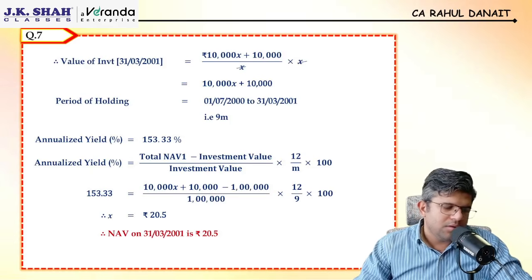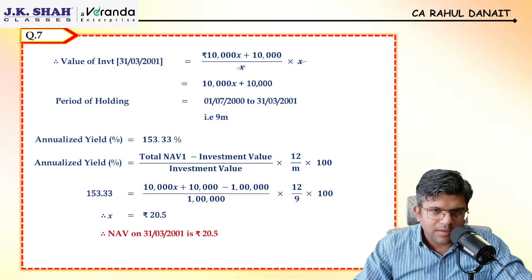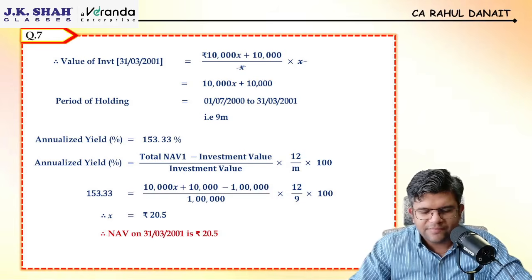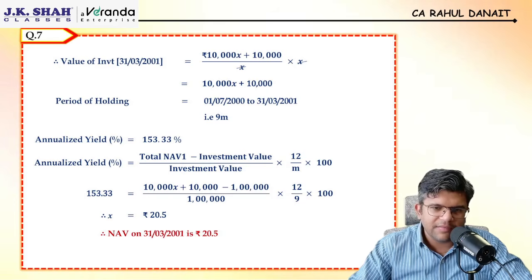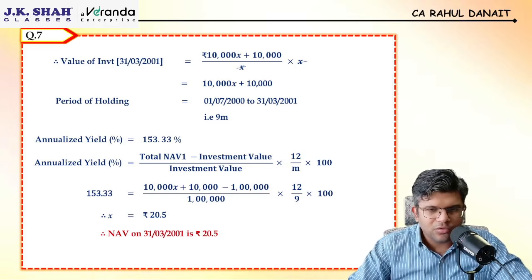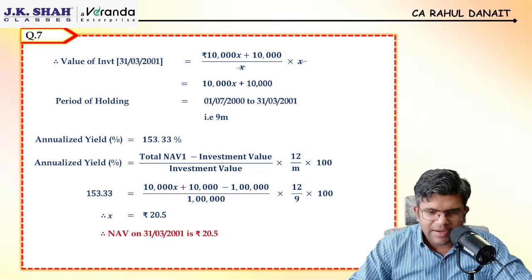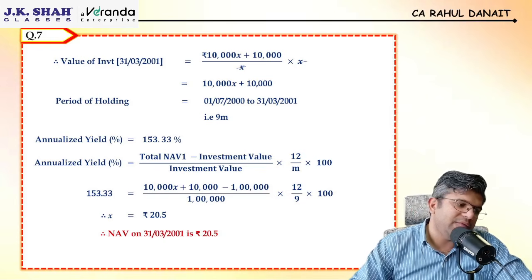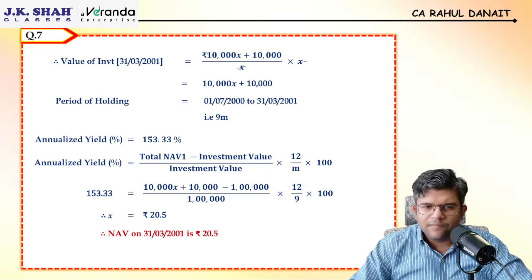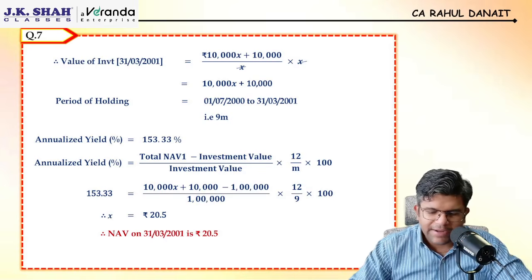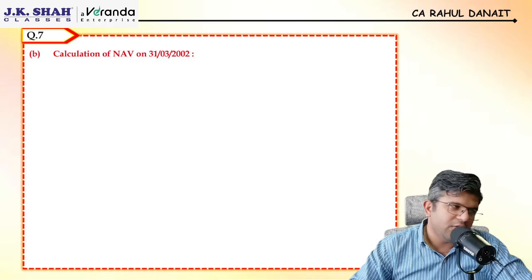Write down new units received on 31/3/2001. New units received on 31/3/2001 equal to 10,000 divided by 20.5, which is equal to 487.8.